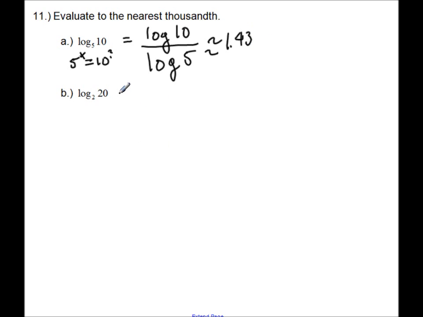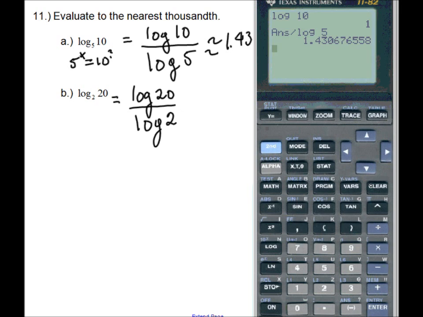Now the same thing can be done with this problem here. We can't get them in the same base, so we take the log of 20 divided by the log of 2. And again, we use our calculator: log 20 divided by log 2, enter.